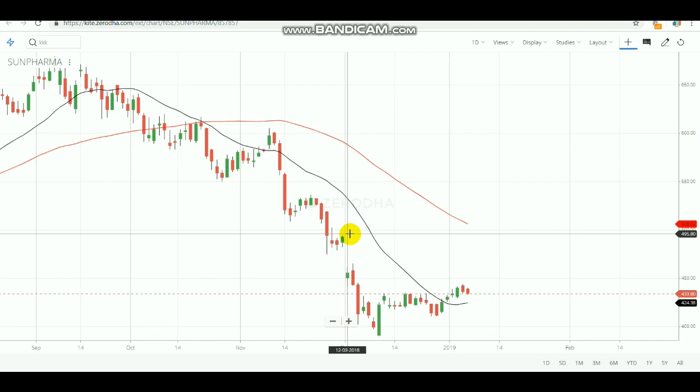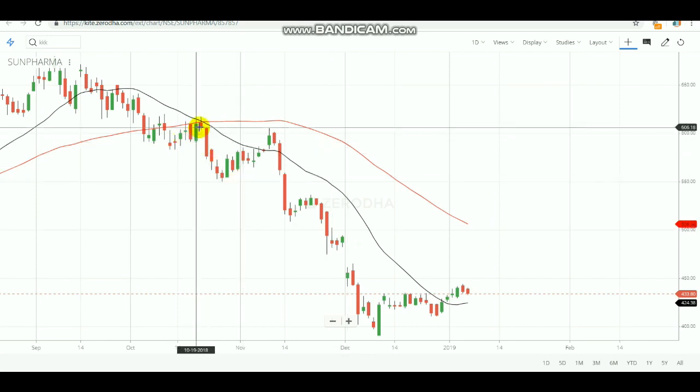By using these two moving averages only, we are going to enter the market, and we are going to see how many entries or exits we can make. I will tell you how to enter the market at a variety of times.